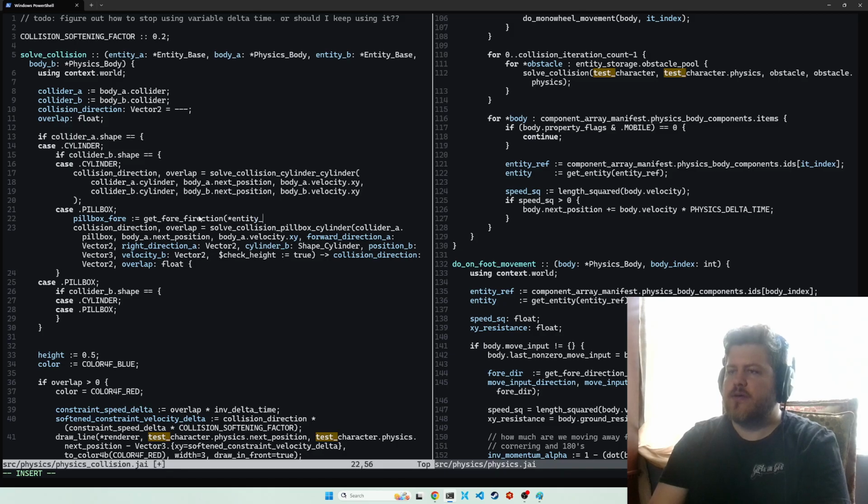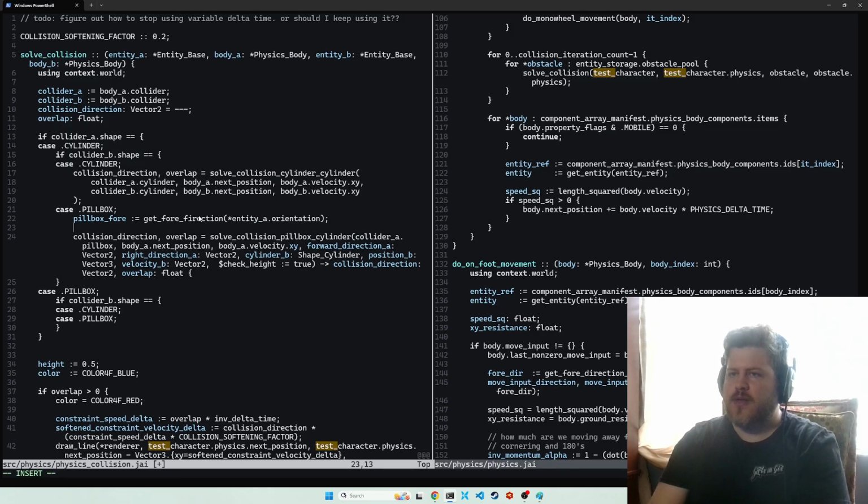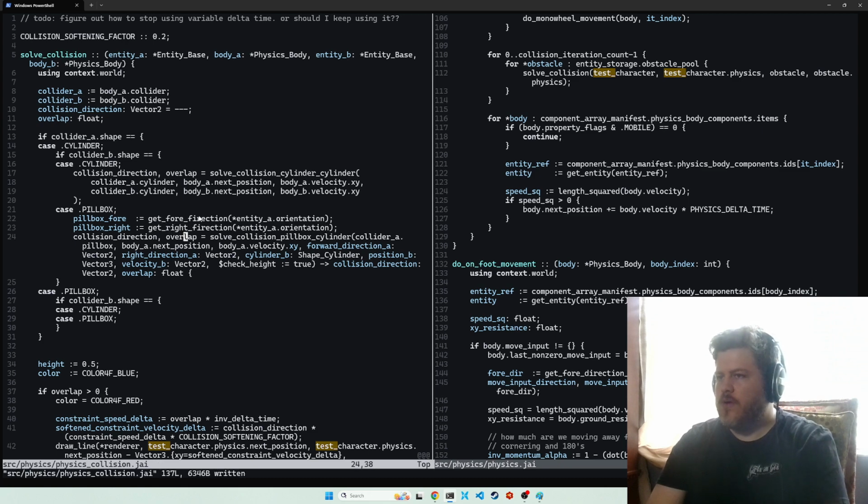of entity A orientation, and then I'll just keep it simple. Pillbox. You can do something cheap here, but I'm not going to do the cheap thing. I'm going to do the fast thing. All right. Since it's 2D, right? But let's just get right direction. Okay.